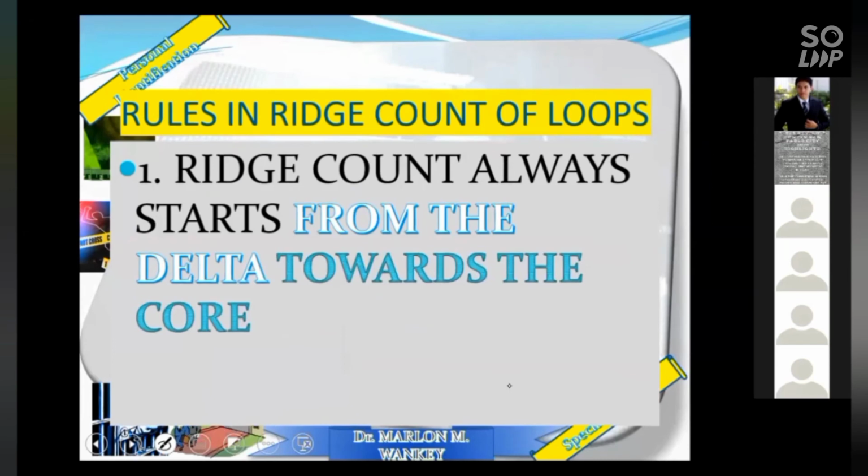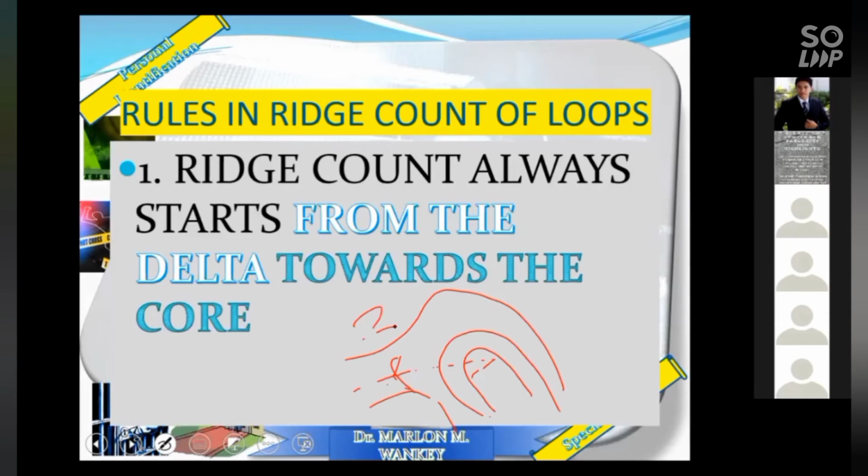Next, rules in ridge count of loops. Number 1, ridge count is always from the delta towards the core. That is what I did earlier. Okay? So, assuming this is the delta and then you need to establish a shoulder, you start from the delta going to the shoulder. How many ridges are touched by the imaginary line? There are 2.